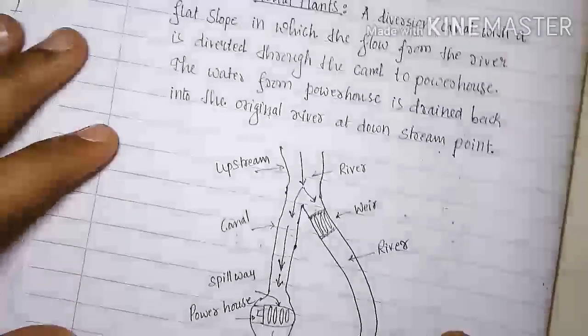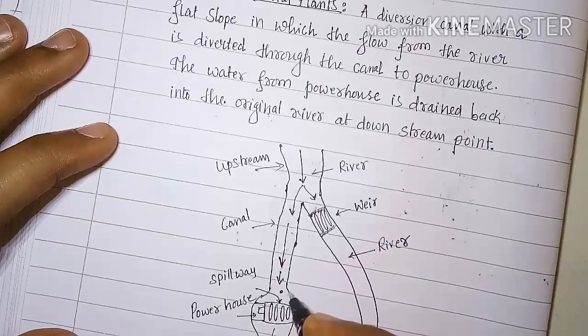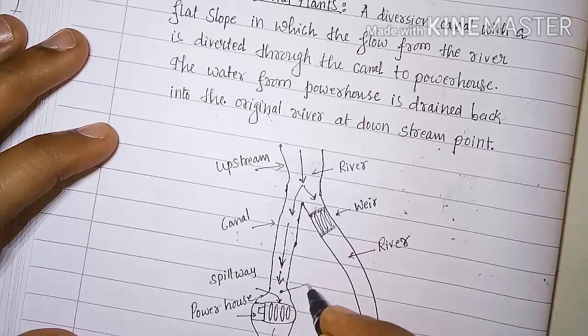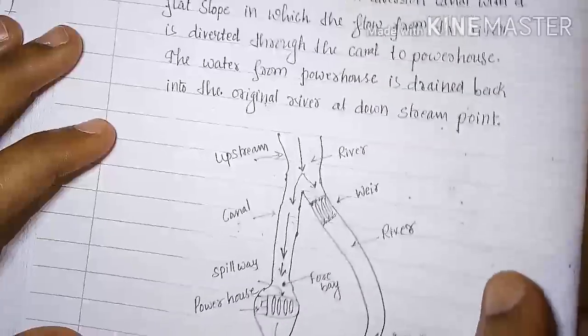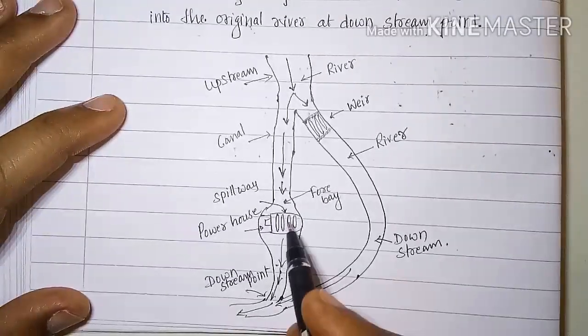That means the space created near the spillway to store the water is called the forebay.